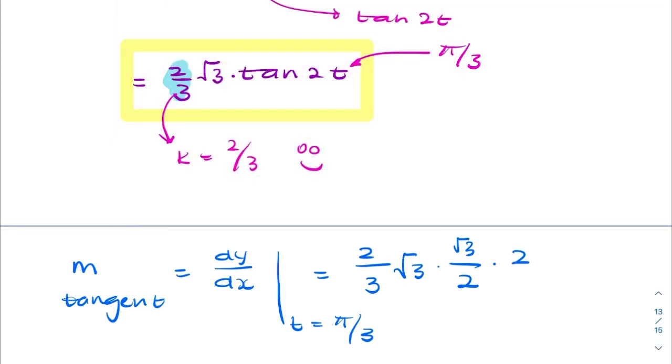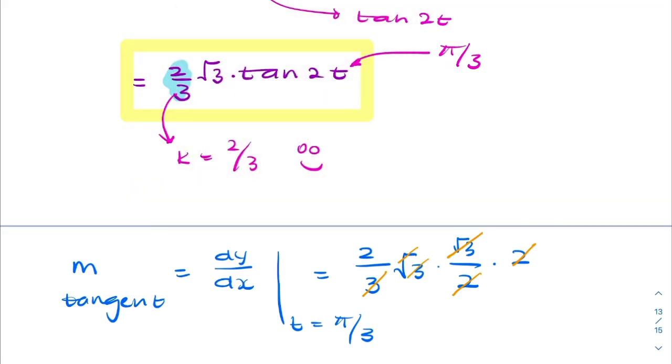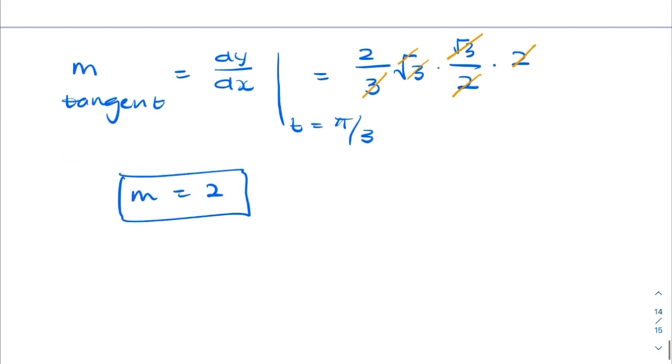So if I simplify that, that cancels with that. That goes with that. So root 3 times root 3 is 3. And the 3 will cancel with the 3. And I think you'll end up with 2. So assuming my calculations are correct, we have m equals 2.